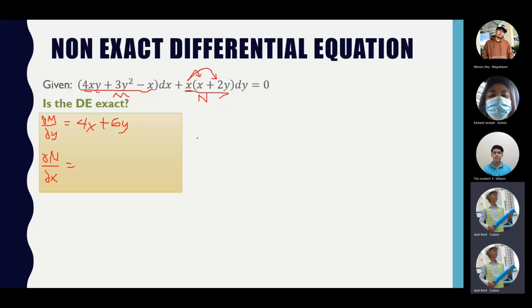While in here we have x squared plus 2xy, right? So what is the partial derivative ani niya with respect to x? So derivative of x squared is 2x, right?